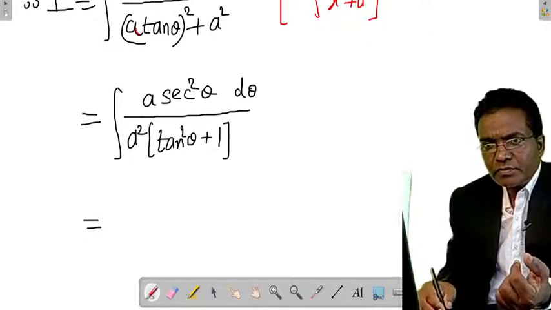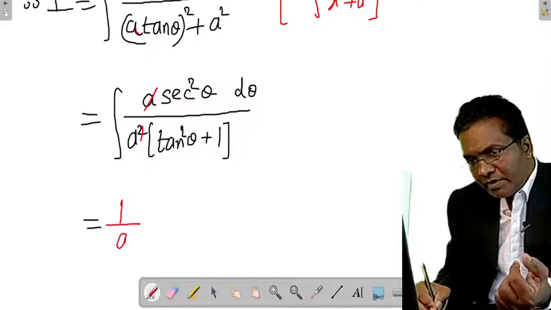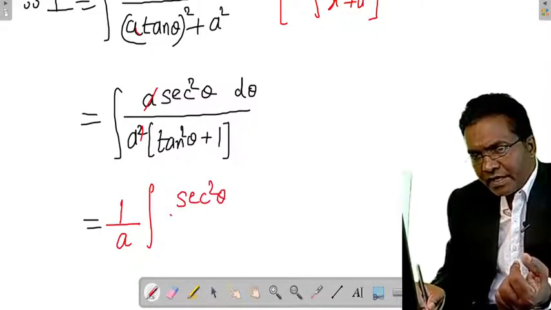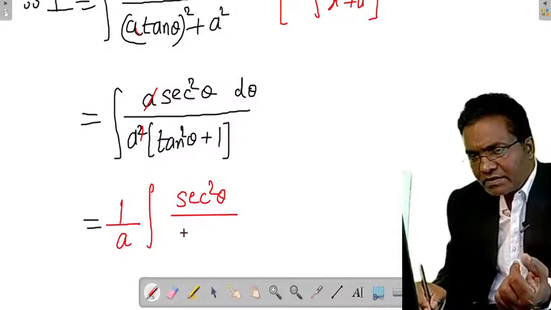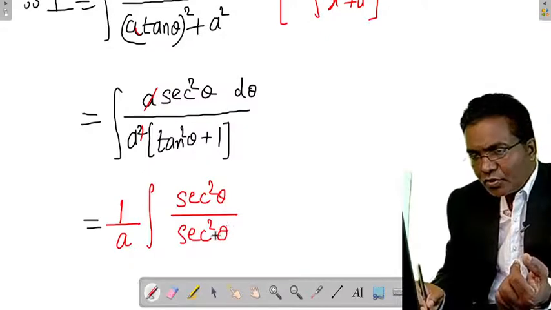So which is equals to, one a cancels, so one a remains in the denominator, so 1 by a, secant square theta by 1 plus tan square, again it is secant square theta, that is known to us.